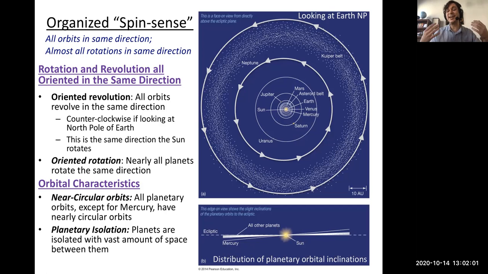The orbital inclination: how many degrees is it tipped? We've talked about orbital inclination when we talked about the moon's orbit having an orbital inclination of 5 degrees. The planets all have very low orbital inclinations, and you can see that in the distribution right here, that we are really flat. There's not any significant orbital inclination for any of the planets.